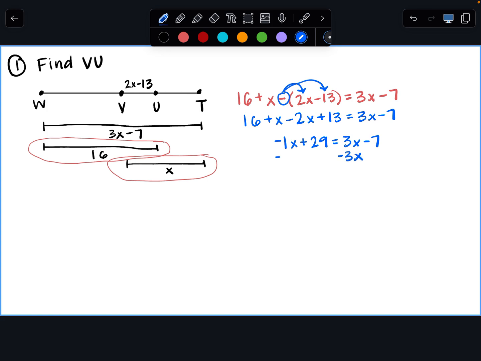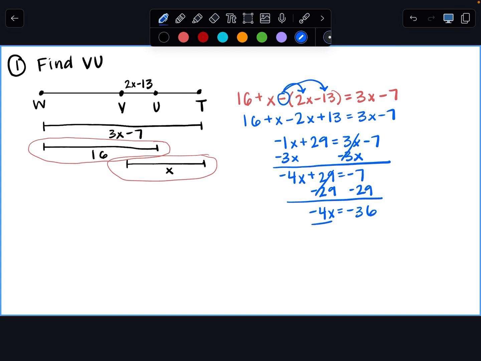Subtract 3x to get the variable to one side. Subtract 29. And then divide by negative 4.